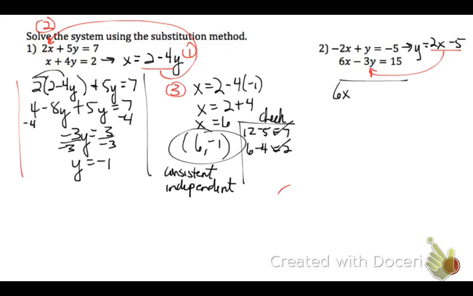So we got 6x minus 3 times 2x minus 5 equals 15. Do you see when we substitute them in, then we have just a single variable equation.